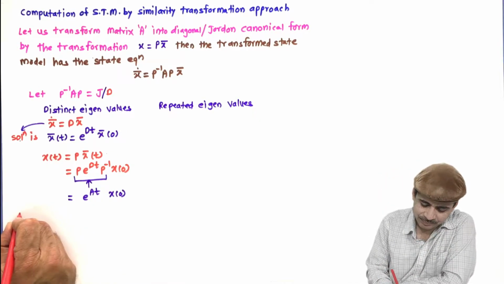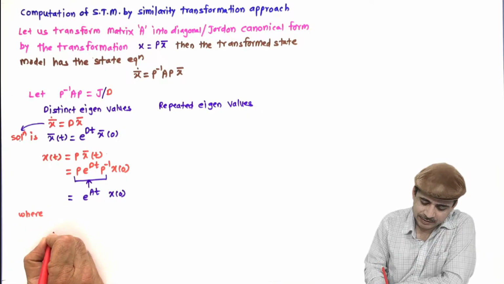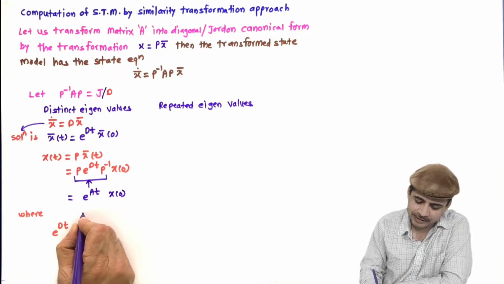Let us define it. e raised to Dt is a diagonal matrix.